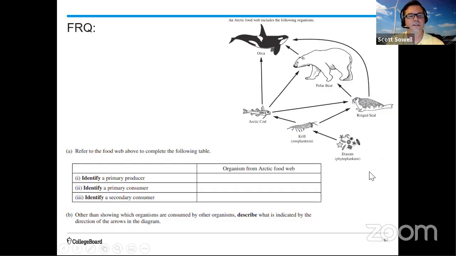All right, so you should have said the primary producer is the diatom, this phytoplankton down here. And the primary consumer is the krill, the zooplankton. And for secondary consumer, you could have said either the cod or the seal, because they're both secondary consumers.